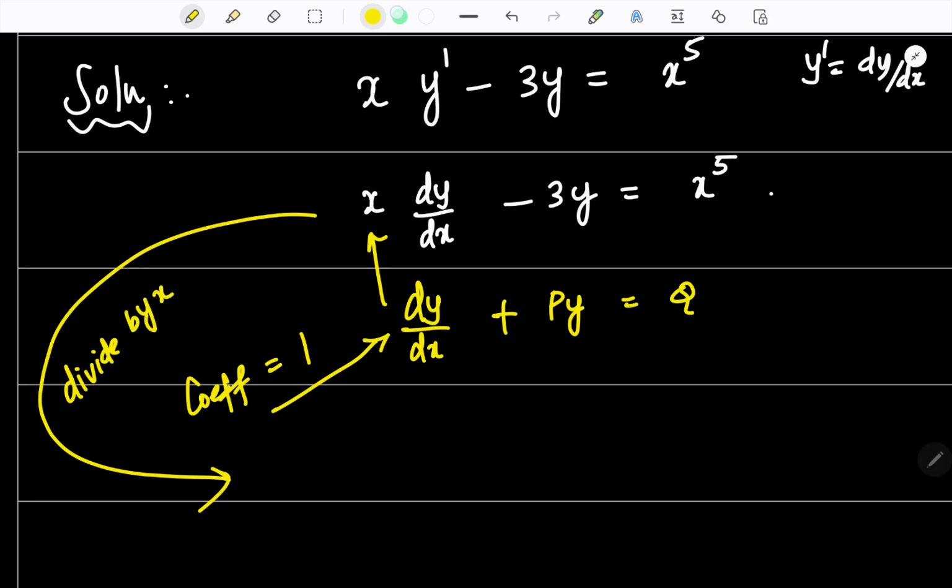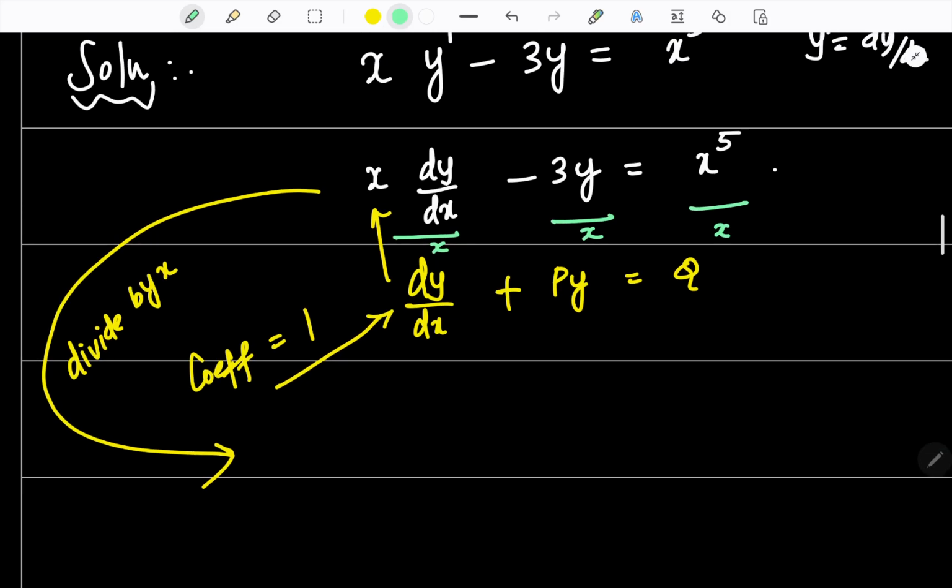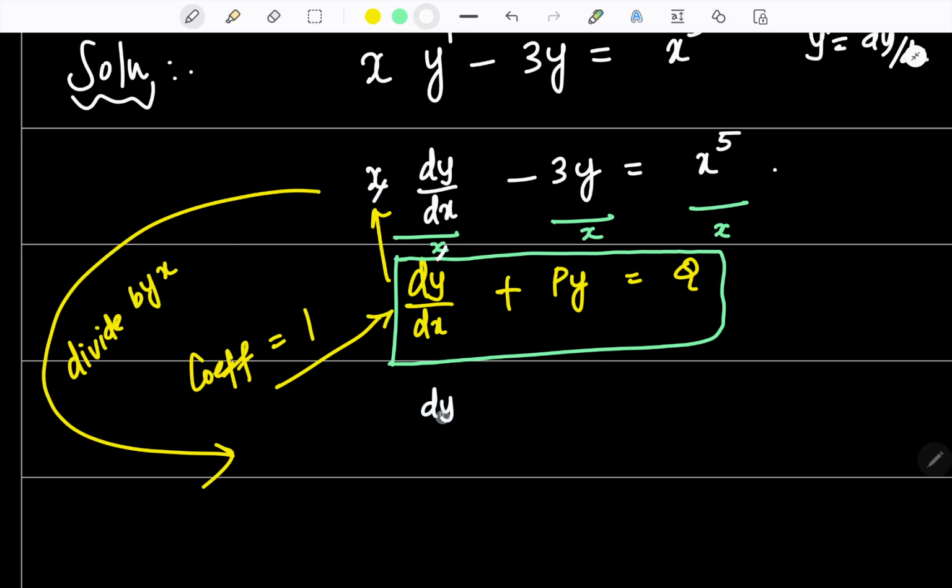Okay. So I'm going to divide this by x. Why? Because to bring the form dy by dx plus py is equal to what? Q. So to bring this form, I'm dividing by x. Okay. Let's divide. So when I divide x gets cancelled. So I will get dy by dx. And here there is a minus and 3 by x will be there. I will get y.